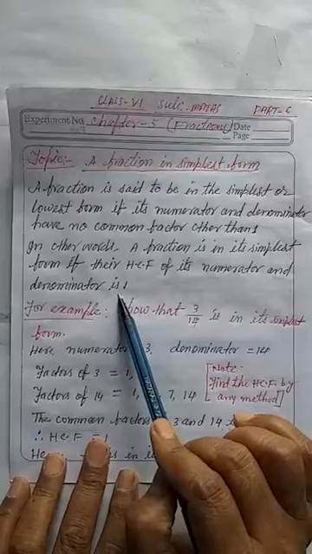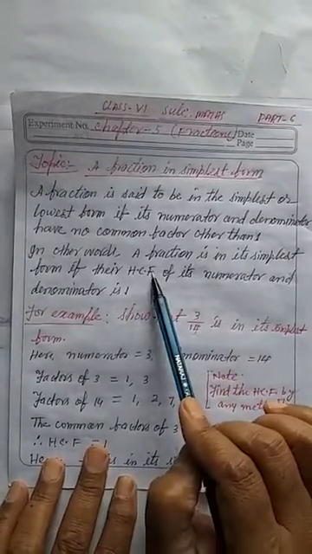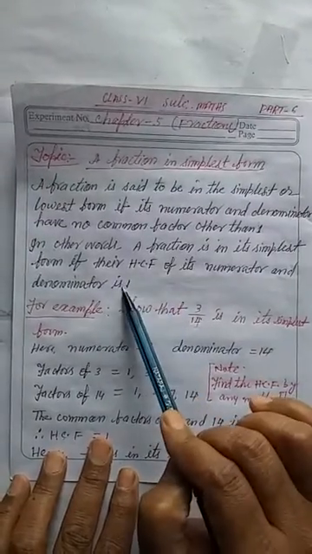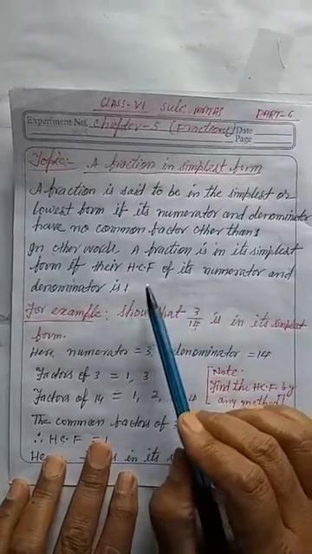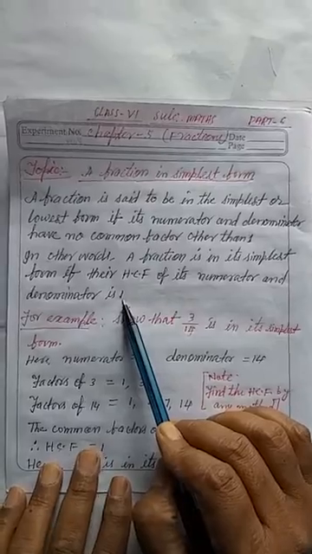So if the HCF of the numerator and denominator is 1, it is in simplest form; otherwise we have to divide the given fraction.